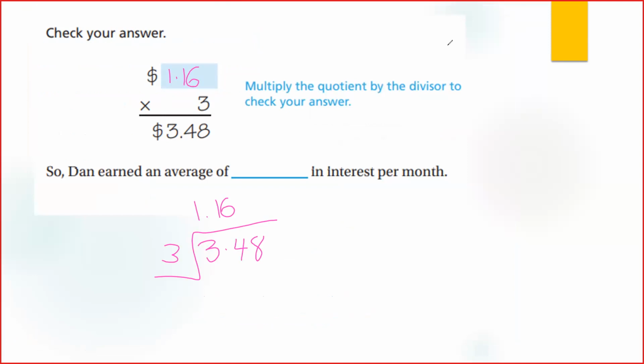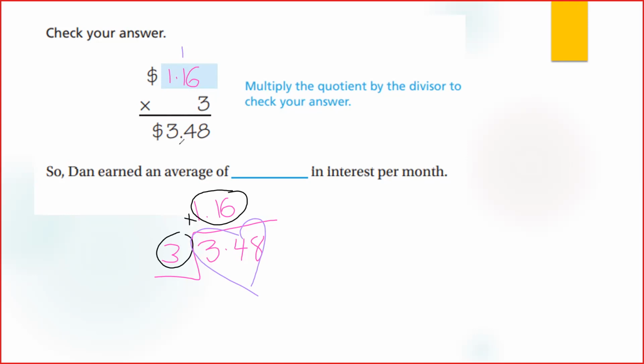Okay, so now in order to check if I solved it correctly or not, I need to multiply 1.16 times 3 and check if I get this number or not. If I get it, my solving is correct. If it is not, there is a problem. So now let's see. 3 times 6, 18. 3 times 1, 3 plus 1, 4.